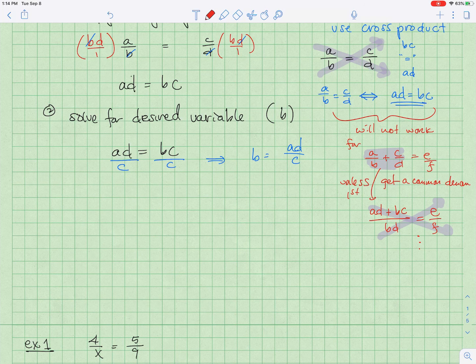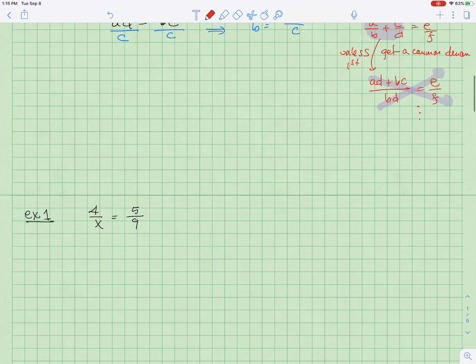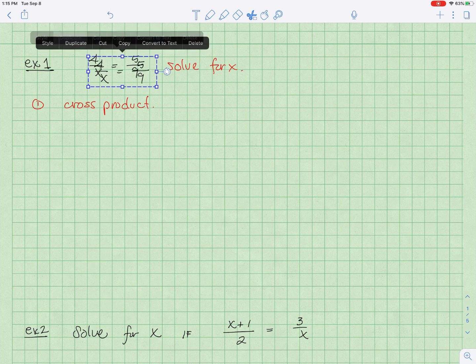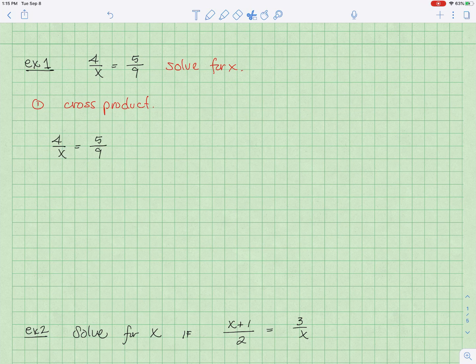Okay, so those are the basics for solving simple numerical proportions. Let's take a look at a couple of basic examples. Our first example here is solve for x. So the first thing that we're going to do here is a simple cross product. Let's go ahead and do that. Let me duplicate this. And here we go with our cross product. That'll be a 4 times 9. And then for our other diagonal, we're going to get a 5 times x.